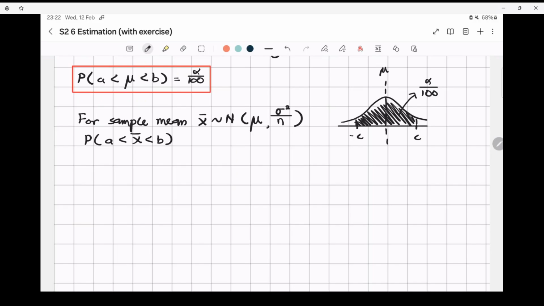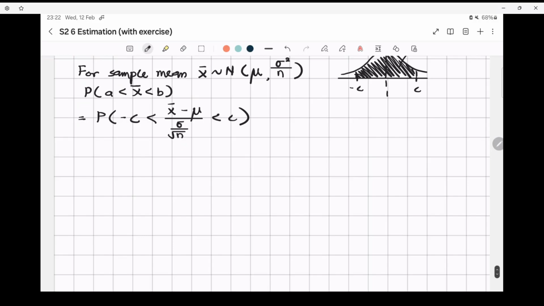So when you convert it to the z-score version, this will become what I was drawing over here, from minus C. So this is your x bar that you want to test. Let's say you know the population mean. Then you divide by sigma over square root n. That is your sample standard deviation. Alright?